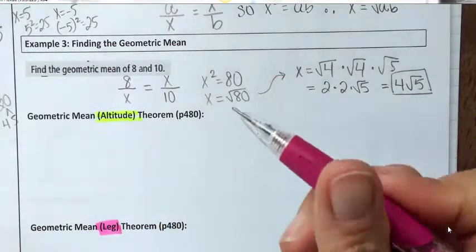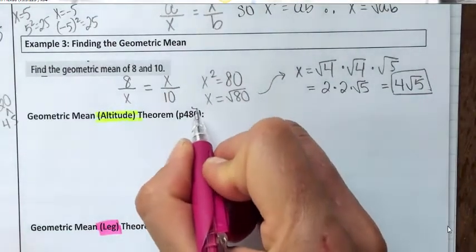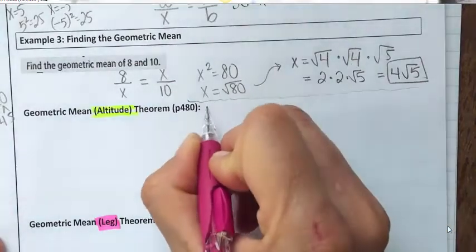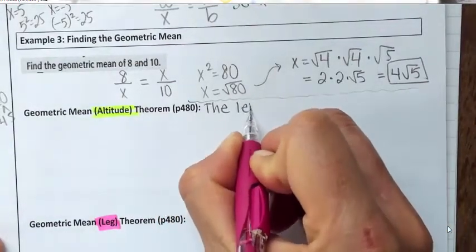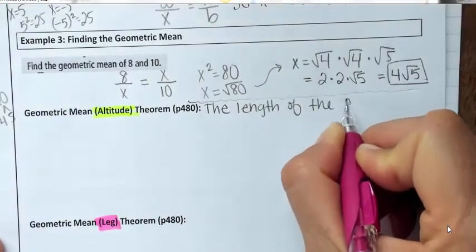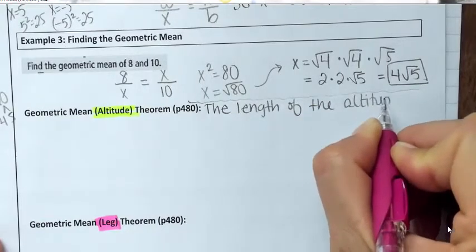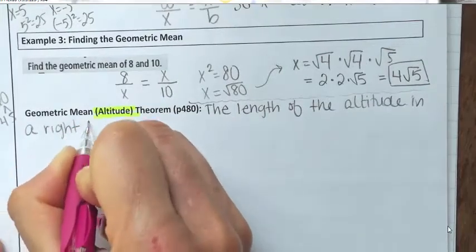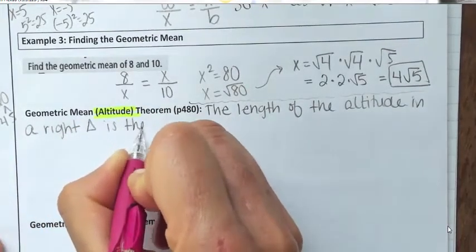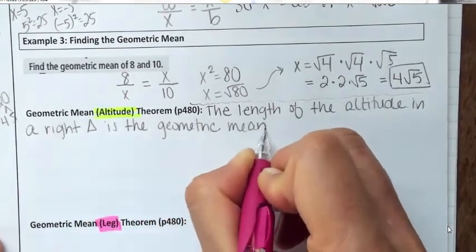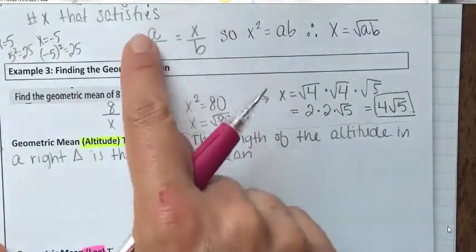So, let's see. Draw a little divider here. Okay. The length of the altitude in a right triangle is the geometric mean, which means in order to find that length, you'd set up something that looks very similar to this.